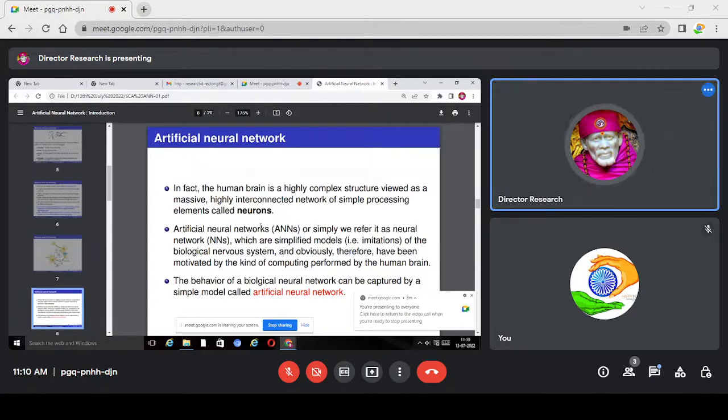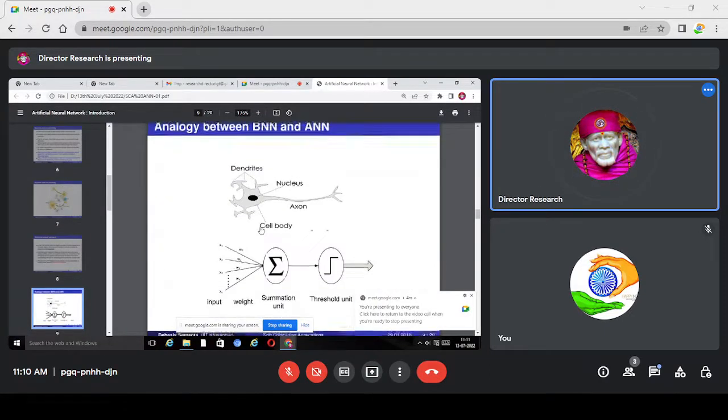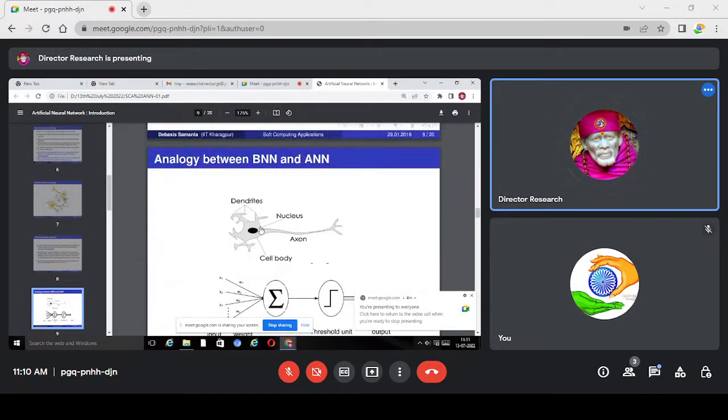Our next point, the behavior of a biological neural network can be captured by a simple model called artificial neural network. Here is the analogy between BNN and ANN.